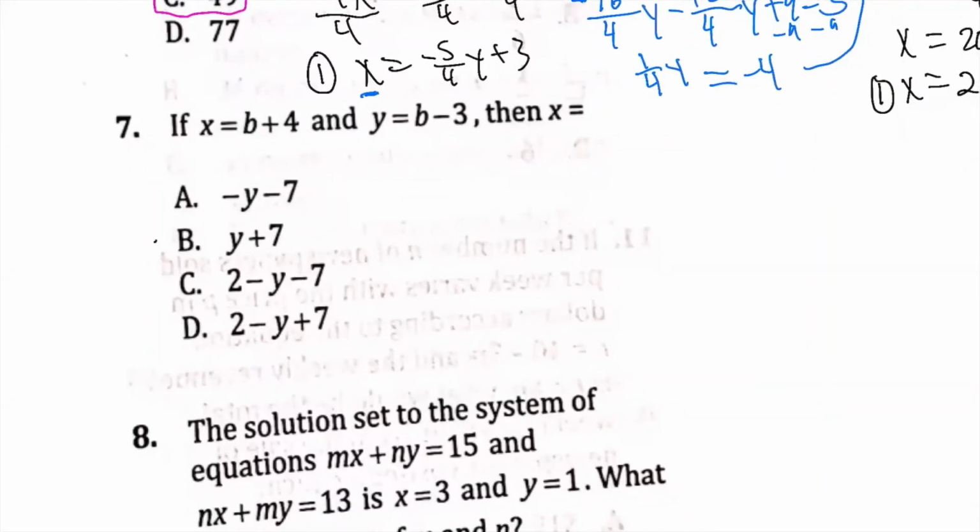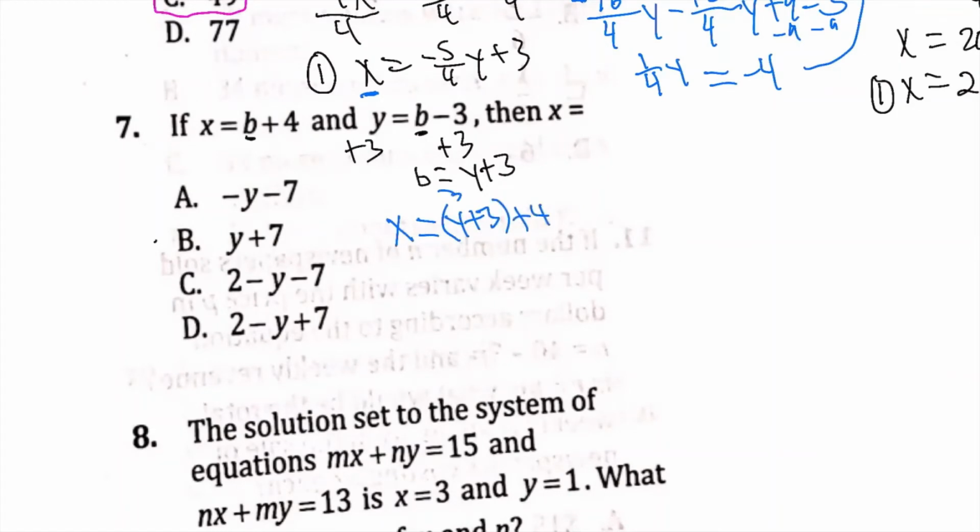Okay, so plus 3 to both sides. So then here, b is equal to y plus 3. So now this b is the same as this b, right? So we're just going to plug it in now. So we're going to have x equals y plus 3 plus 4, right?